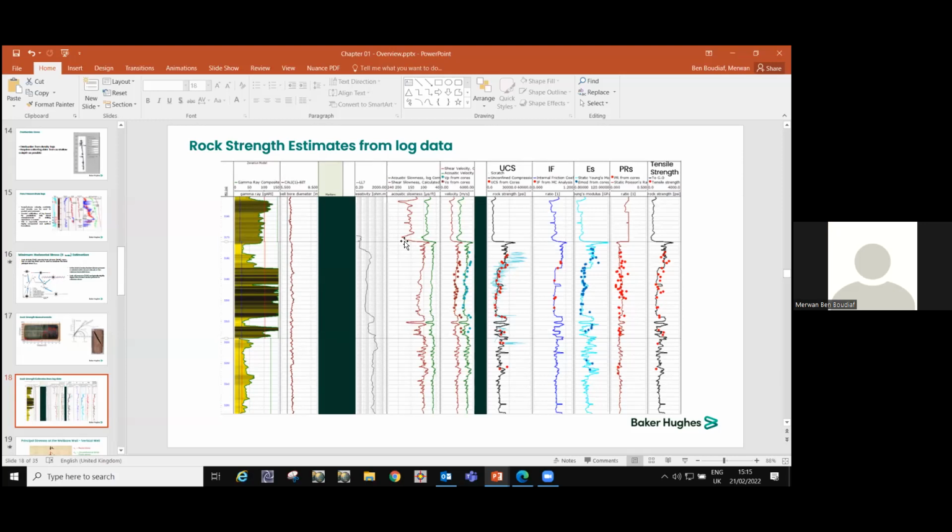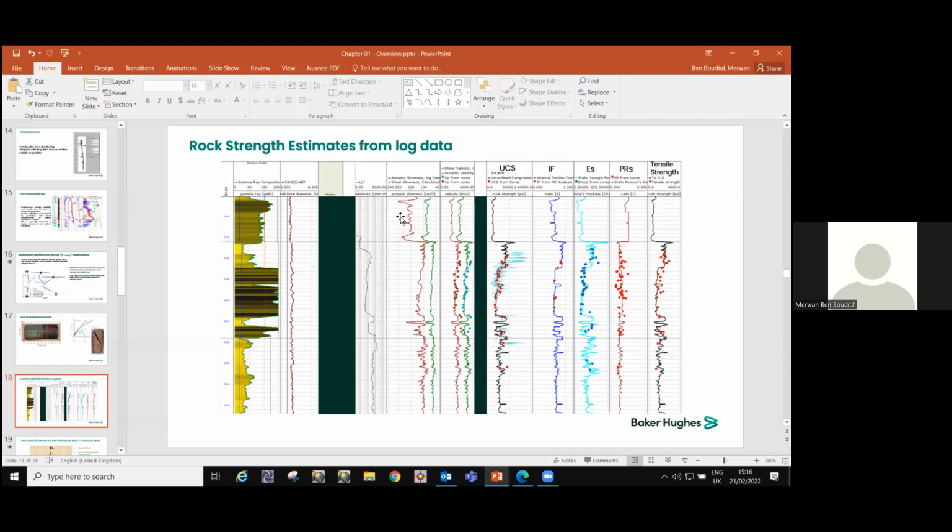Slow formations, usually for the open hole. I will go to the cased hole after that. For open hole slow formations, you usually have very high compressional and shear slowness, and sometimes the shear slowness cannot even be measured properly by the tool, so it needs advanced processing by a geoscientist to be constructed.